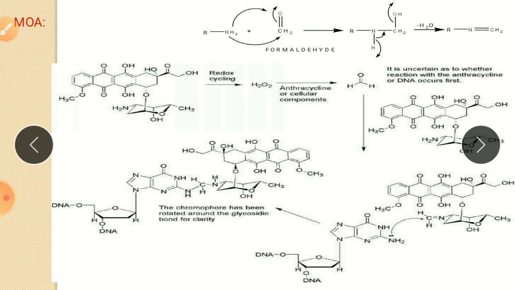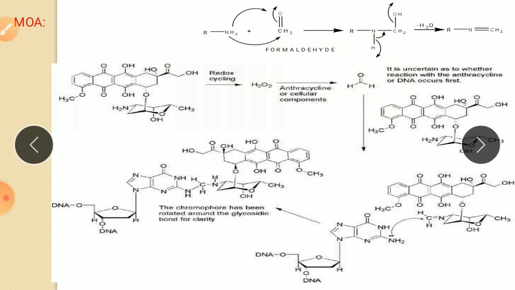So here is the mechanism of action. Anthracycline first undergoes a redox cycling reaction to form hydrogen peroxide. In the next slide we will see the redox cycling reaction. First, anthracycline undergoes a redox reaction to form hydrogen peroxide, H2O2. Then this H2O2 forms formaldehyde after reaction with cellular components.